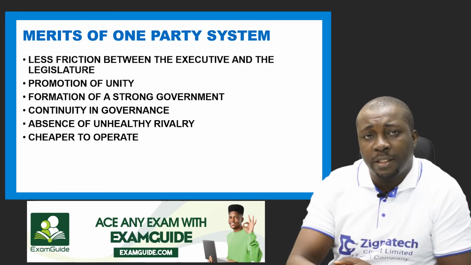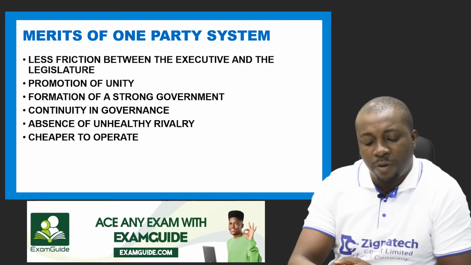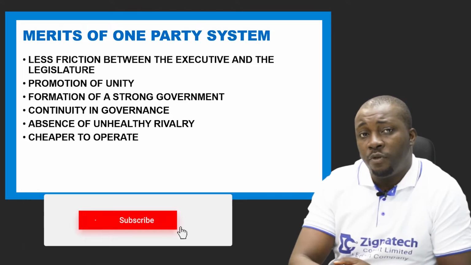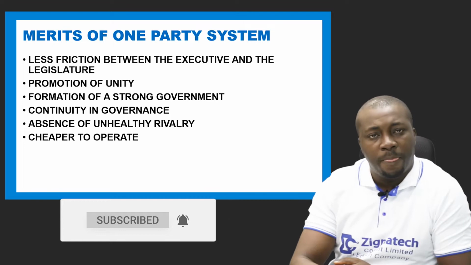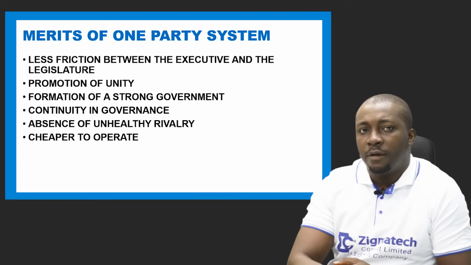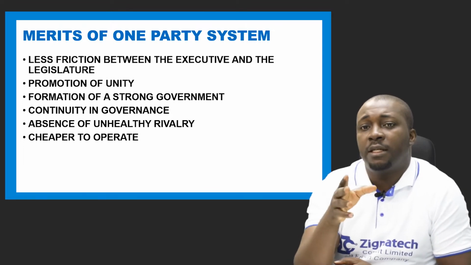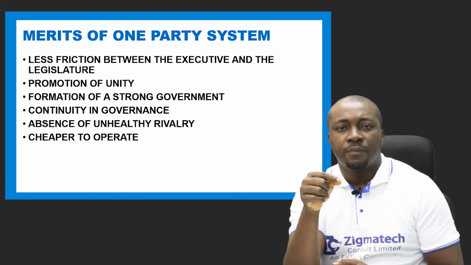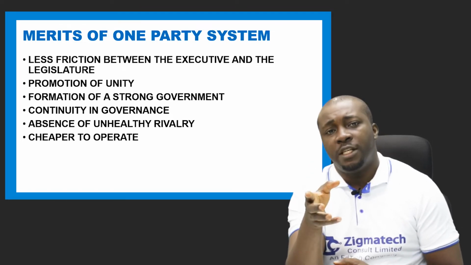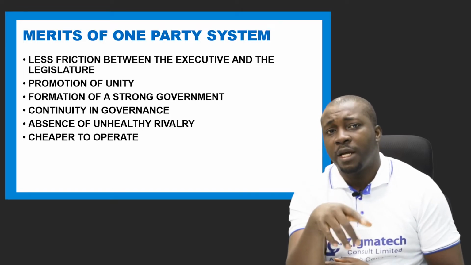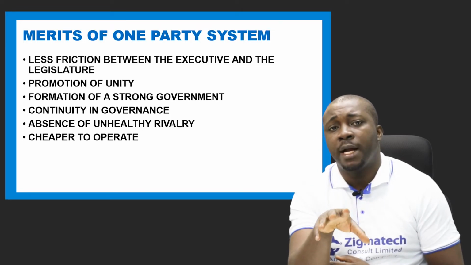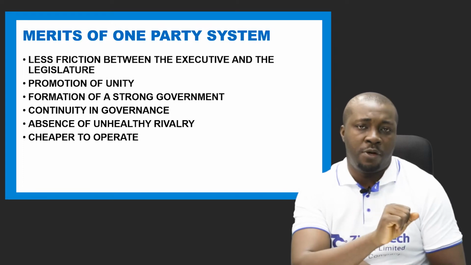The campaign this time will be less expensive because we're talking about just members of a particular political party. Also, in this system, there won't be much need to rig elections, which at times costs politicians a lot. So there are many factors responsible for why this system is much cheaper.